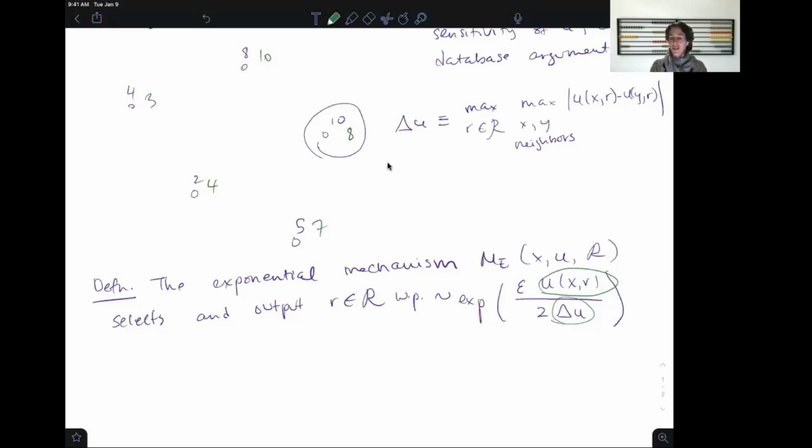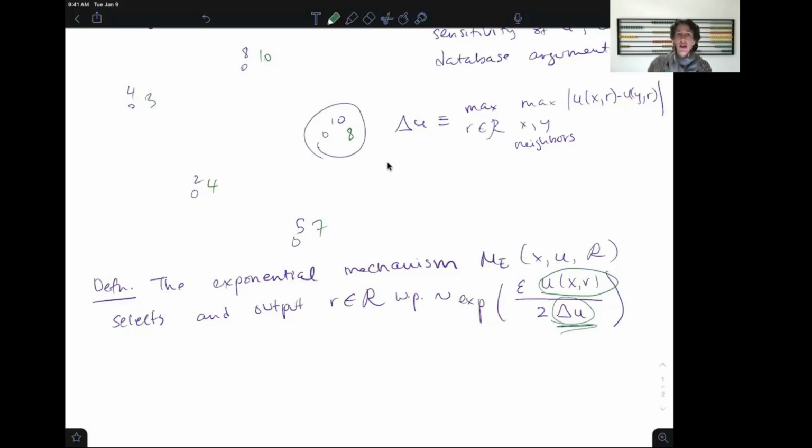Even fixing the sensitivity of the scoring function, if I have a problem where all the outcomes are really good, it's not going to be hard to guarantee good accuracy. But if some of the outcomes are good and a lot of them are really bad, then it's going to be harder to ensure that I've concentrated probability mass on the good ones, intuitively.